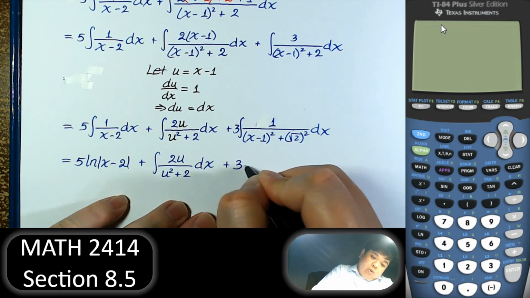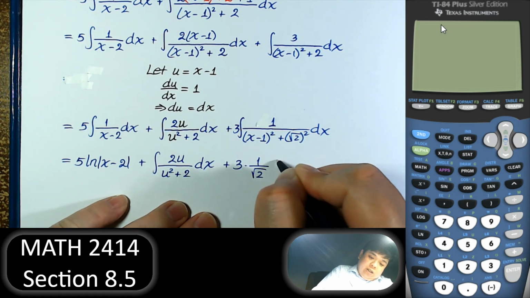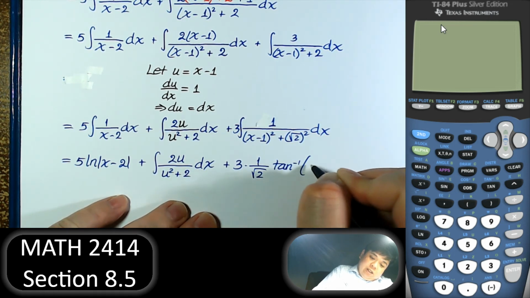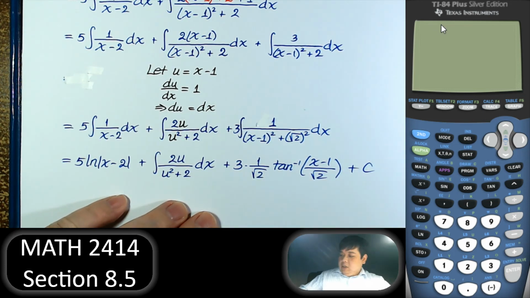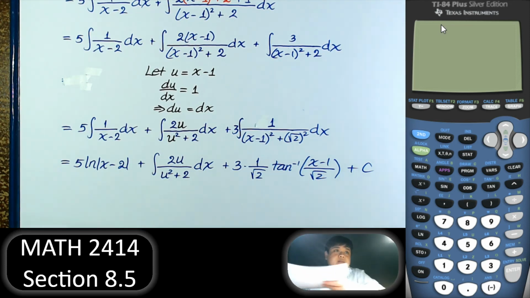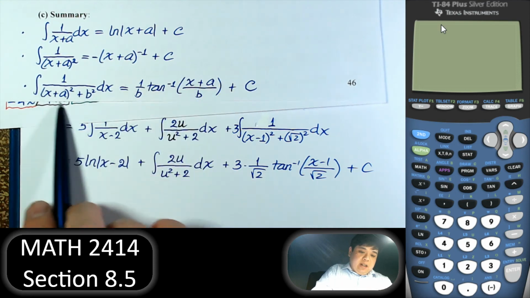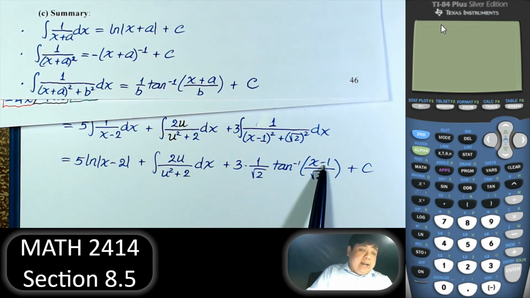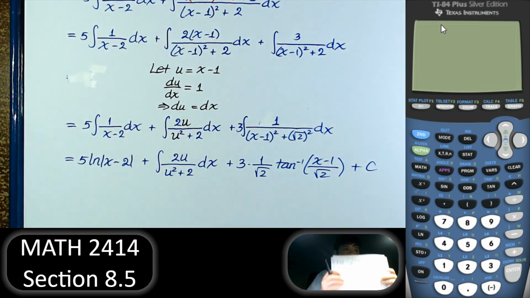By the way, this will be 3 times 1 over square root of 2 tangent inverse of x minus 1 over square root of 2 plus c. Once again, we use that, where a is minus 1 and b is square root of 2. Just substitute into that form and we have it.